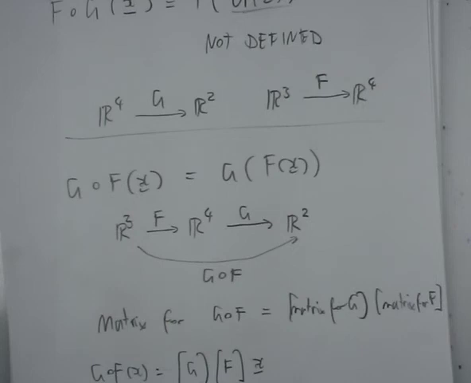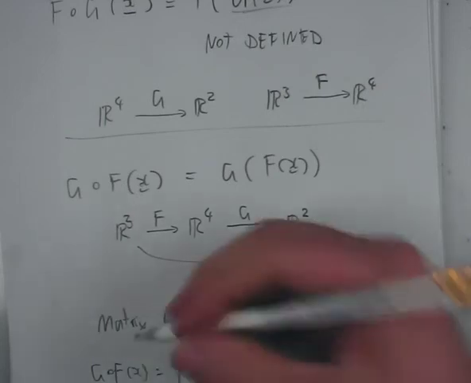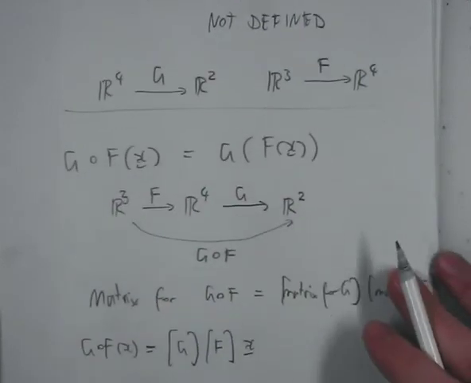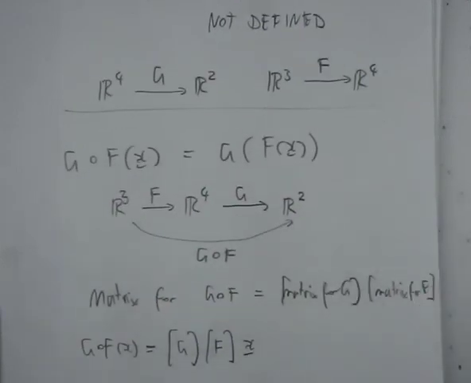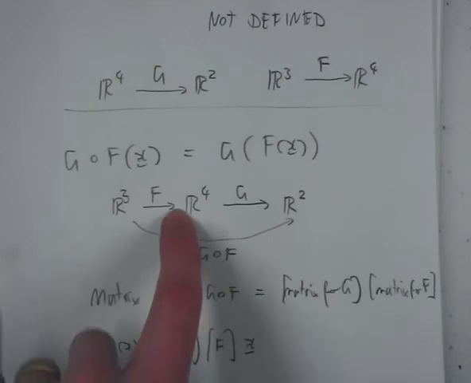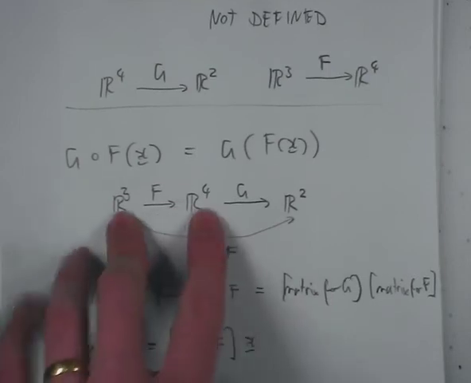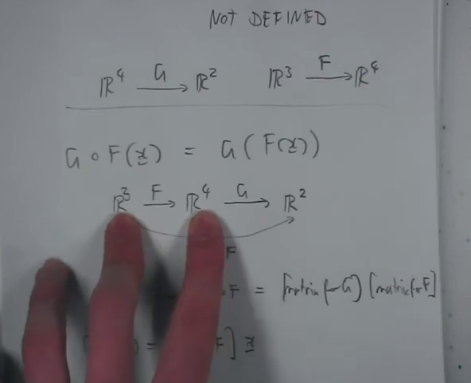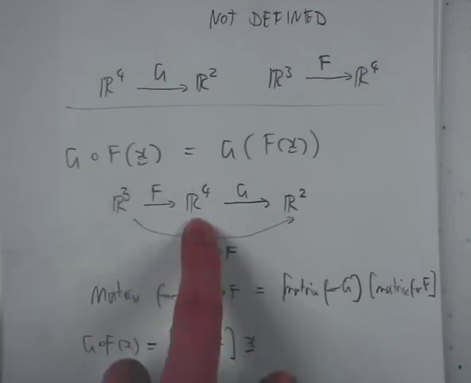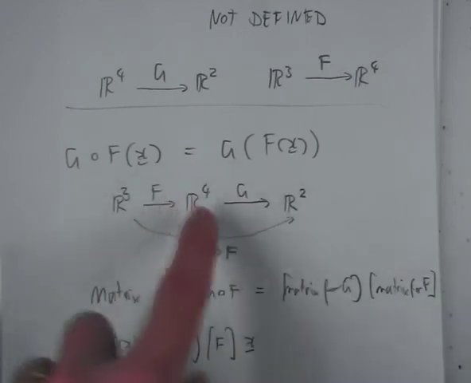And if you're asked for the kernel of G of f, then you could just get it from the matrix. But you do also have some information. You know that R3 is going up to R4, so the most that the range of f can be is R3. And so we've got a three-dimensional object here.